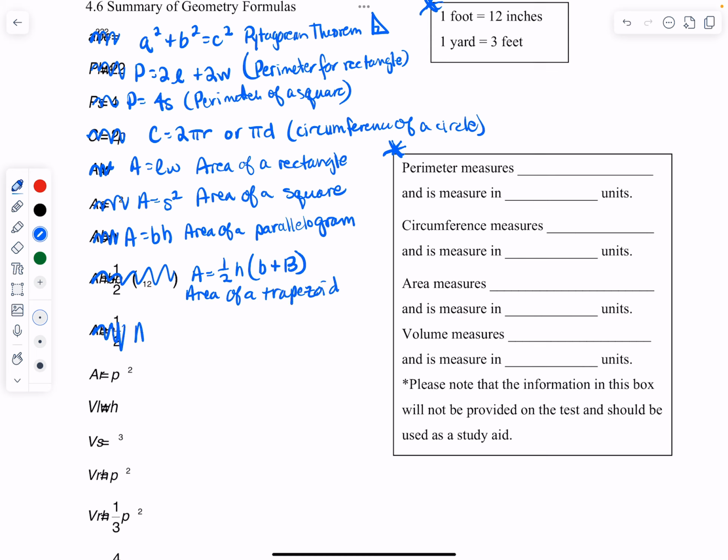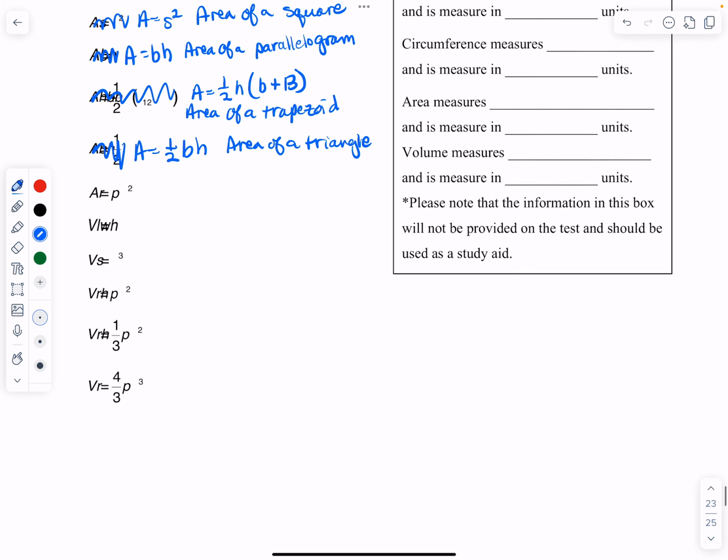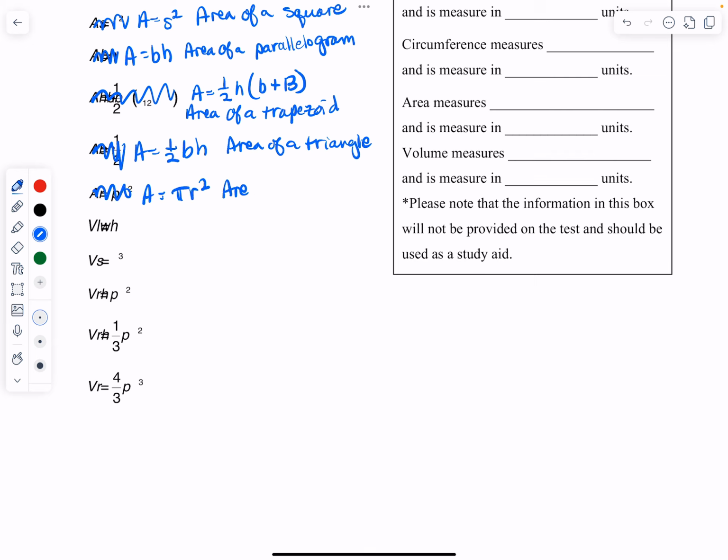The next one is area equals 1/2 base times height, which is finding the area of a triangle. The next one is finding the area of a circle. And that formula is area equals pi r squared.